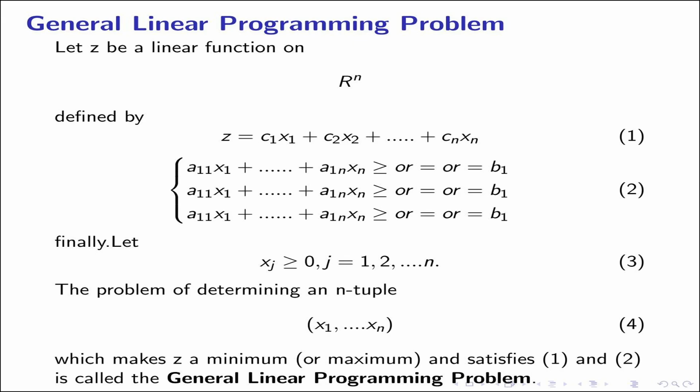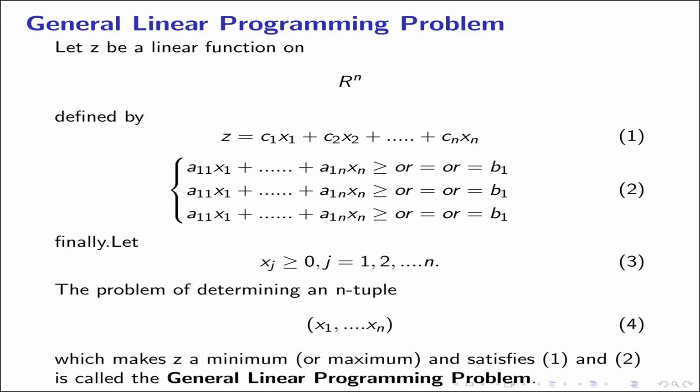First, let us see the general linear programming problem. Let Z be a linear function on R^n defined by Z = C1x1 + C2x2 + ... + Cnxn, subject to A11x1 + A12x2 + ... + A1nxn ≥ or ≤ B1, A21x1 + A22x2 + ... + A2nxn ≥ or ≤ B2, and so on, up to Am1x1 + Am2x2 + ... + Amnxn ≥ or ≤ Bm. Let also xj ≥ 0, j = 1 to n.